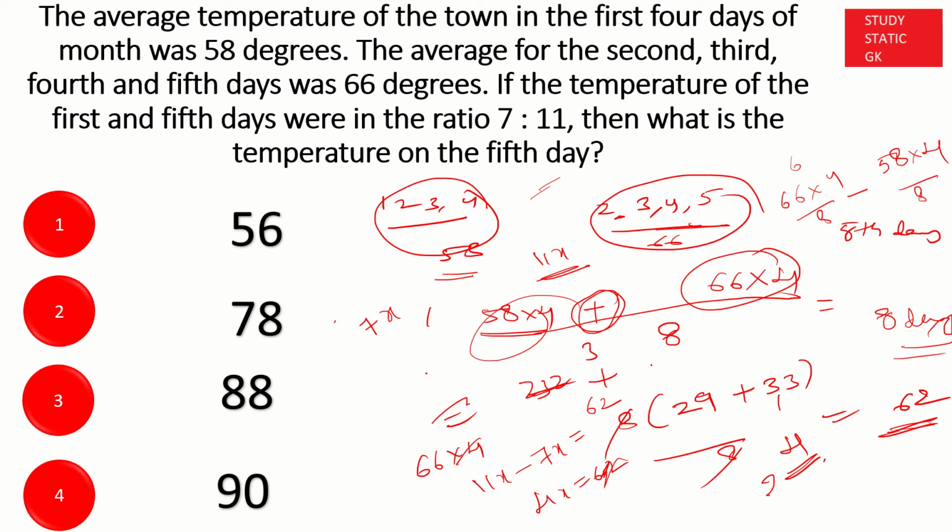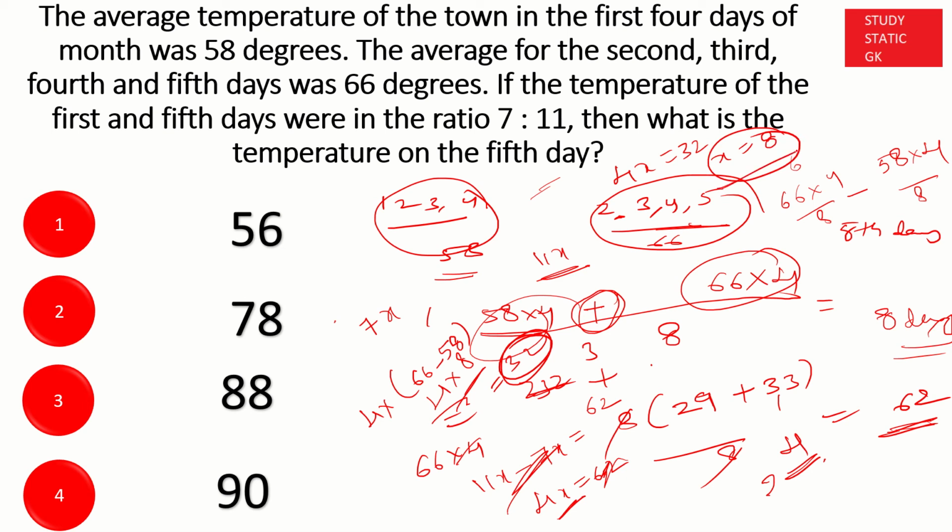Okay, not 4 once again. So 4 into 66 minus 58, 4 into 8, we'll get 32. So this 32 is nothing but 4x, right? 4x is equal to 32. So x is equal to 8. Here we want the 5th day, that means 11x, that means 11 into 8. That is 88. 88 is the answer.